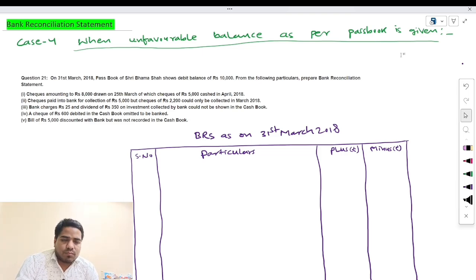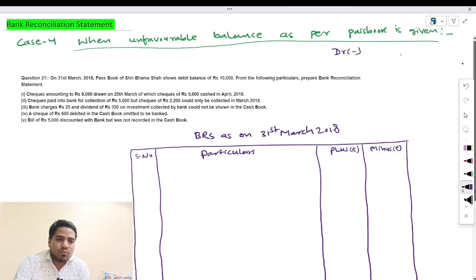Unfavorable balance of passbook. As we know, unfavorable balance of passbook means debit balance of passbook, and the debit balance of passbook will be minus here. It means whatever the balance of passbook is given, you have to mention it in the minus column, not the plus column.